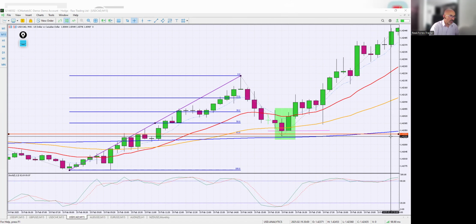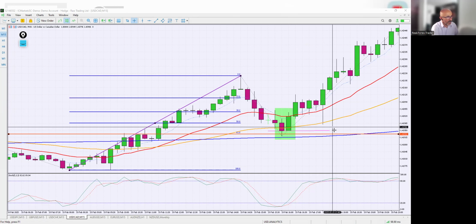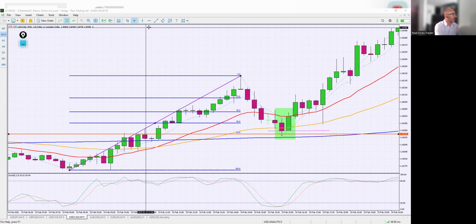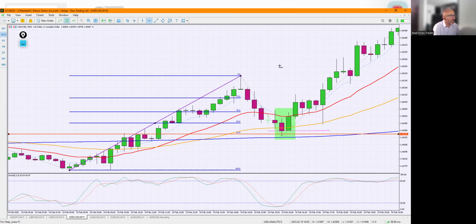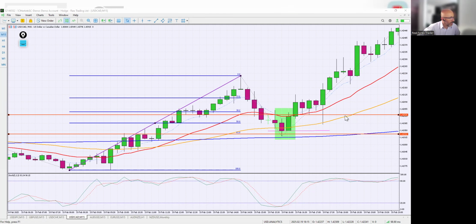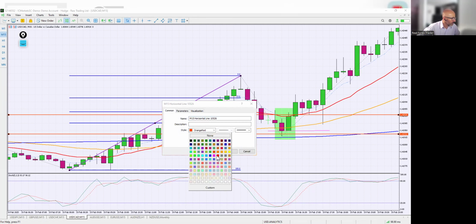All right, how to proceed? Okay, so my procedure will be like this. I'm going to set my entry point around 2 or 3 pips above the closing of the bull candle, right? So that is my entry point. So let's say here, entry point.